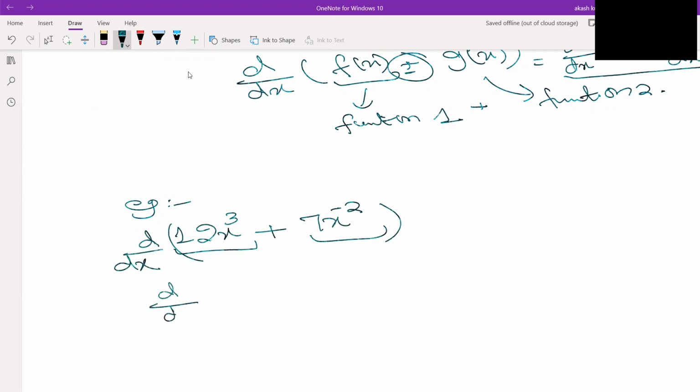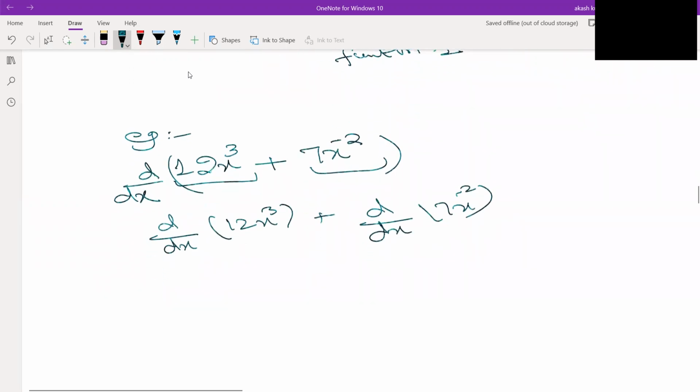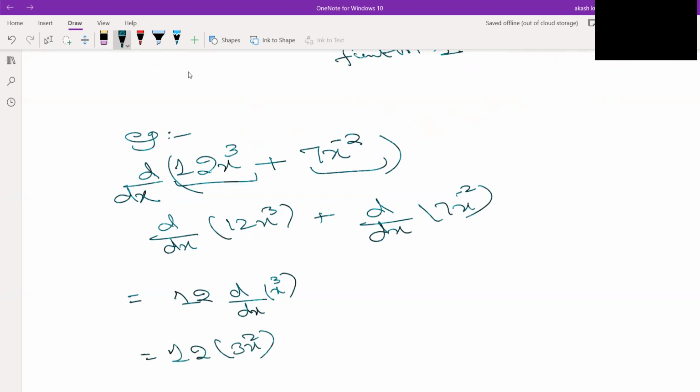Can I try? Yeah, sure. So for the first one, the 12 will be left alone, and then the derivative of x cubed is 3x squared, so it will be 12 times 3x squared, right? Yes. Okay. And then for the second one, it will be 7x.